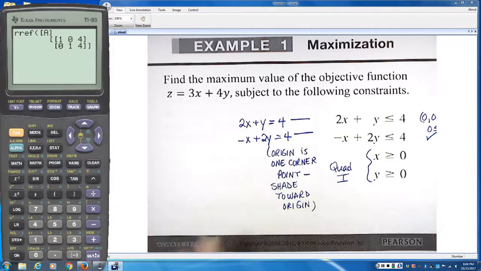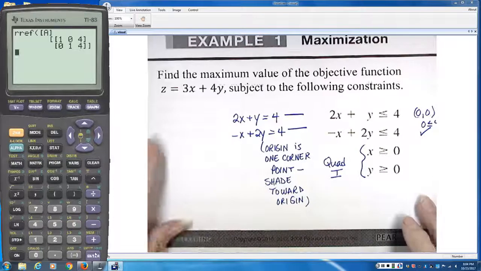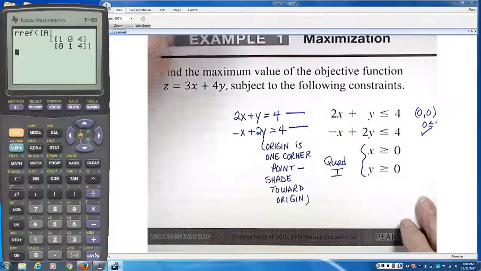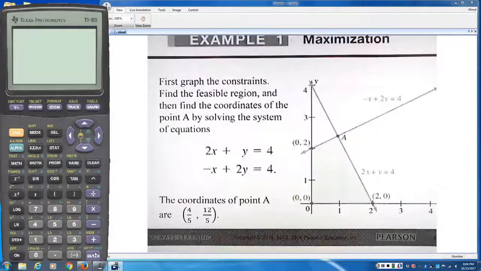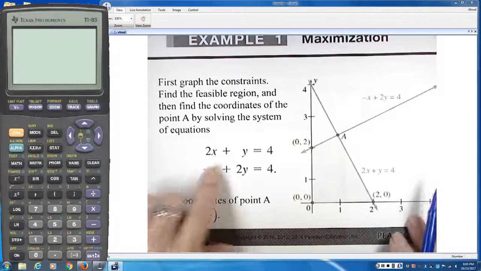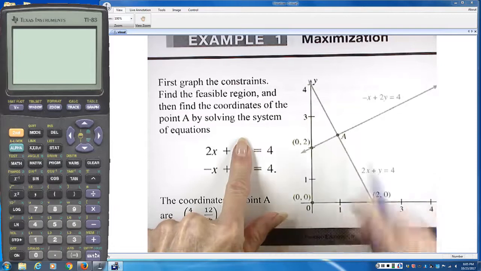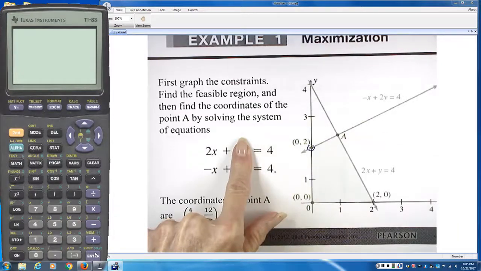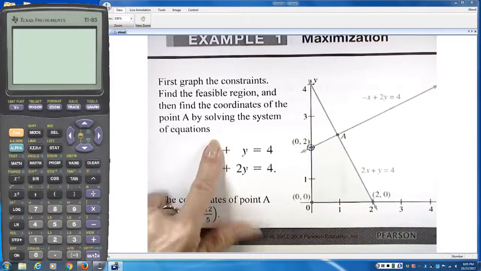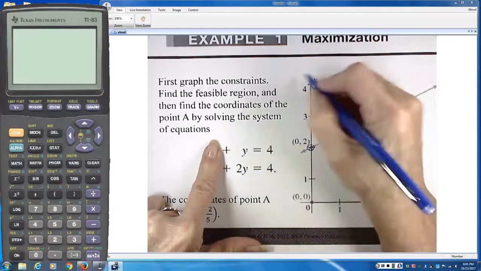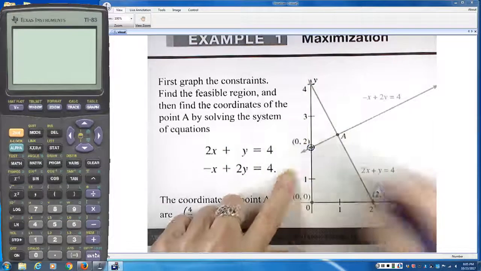So that's just a quick summary of what I'm going to show you, rather than taking the time to carefully plot out the graph. So if you graph, if y is 0, x is 2, if x is 0, y is 4. Wait, I've circled the wrong one.